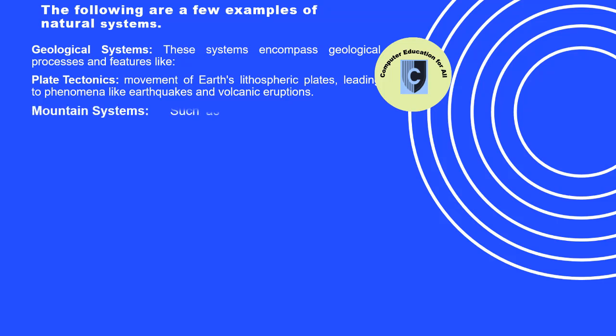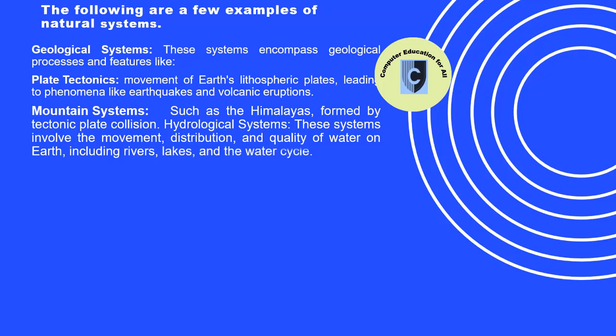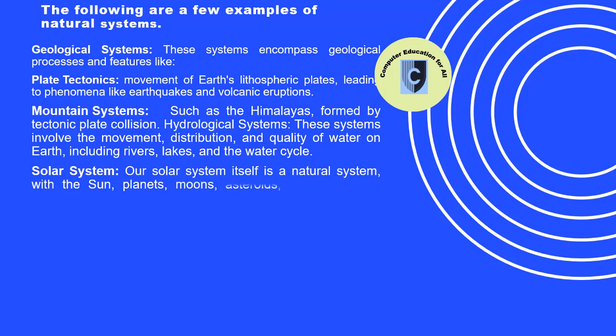Mountain systems such as the Himalayas, formed by tectonic plate collision. Hydrological systems. These systems involve the movement, distribution, and quality of water on Earth, including rivers, lakes, and the water cycle. Solar system. Our solar system itself is a natural system, with the sun, planets, moons, asteroids, and comets all interacting under the influence of gravity.